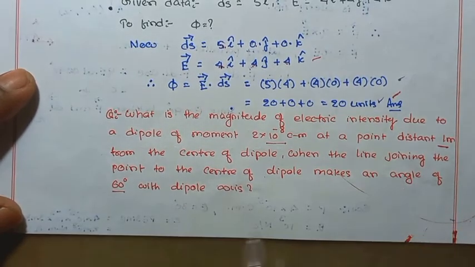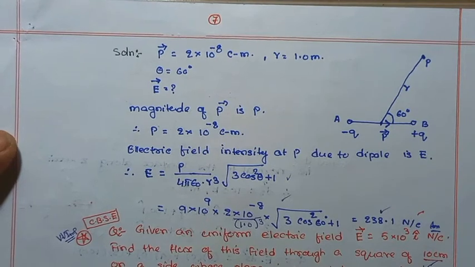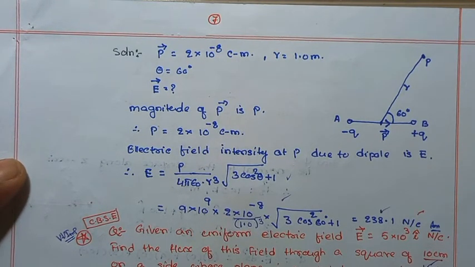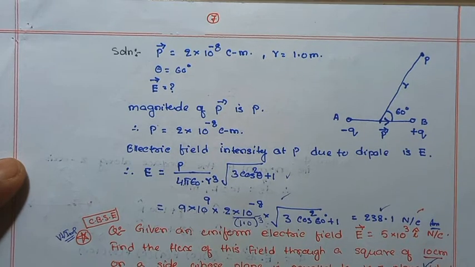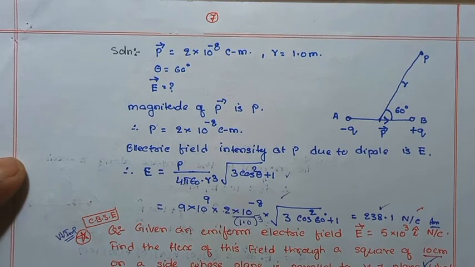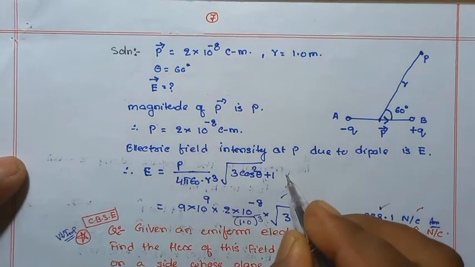Okay? So electric field intensity at P is p by 4 pi epsilon 0 r cubed into square root of 3 cos square theta plus 1.